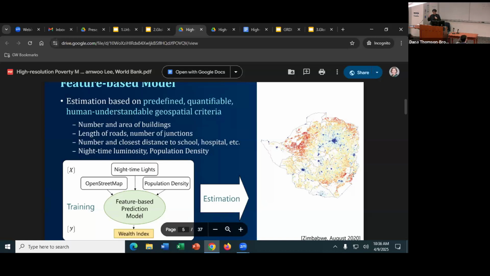One is what I call a feature-based prediction model, which uses pre-quantified indicators, variables, at least for humans, and human-understandable criteria of geospatial features like number of buildings, area of buildings, length of road, number of junctions, etc. And then we train a model and we can estimate all other places.